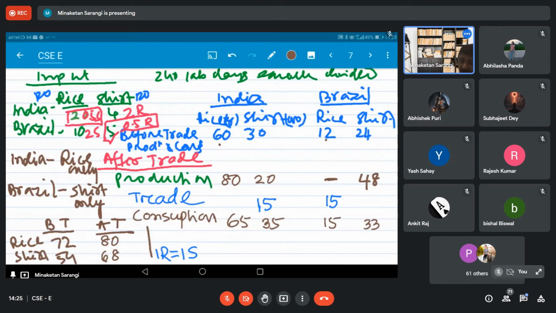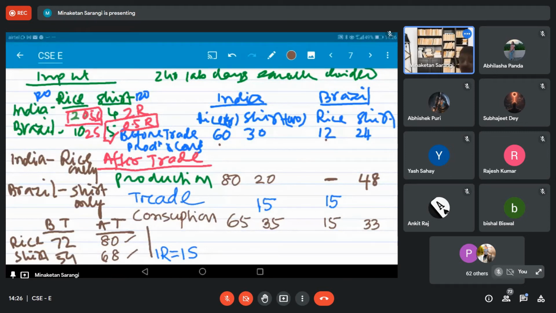Total production is 80 kg of rice and 68 number of sacks. Total consumption of rice made by India 65, made by Brazil 15, 65 plus 15, this is equal to 80. Total consumption of sack by India 35, by Brazil 33, total is 68. So consumption and production matches, tallies.